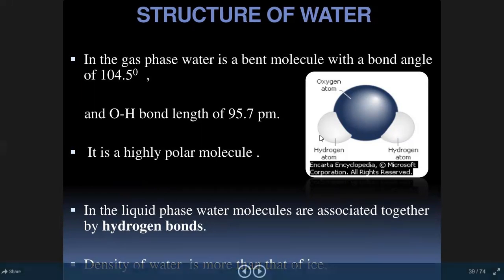So the length between the hydrogen and oxygen bond will be 95.7 picometer, and the angle between both the hydrogens will be 104.5 degrees.